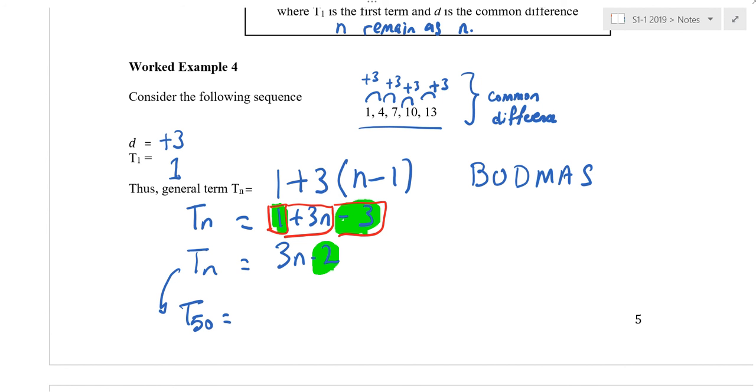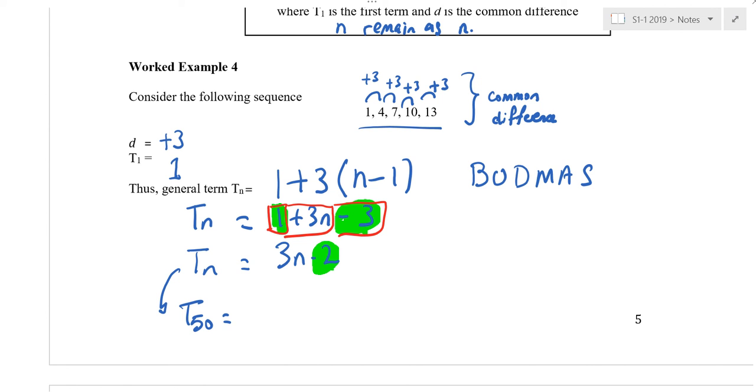Okay, who can tell me what to write next? 50 times 3 then? No. You already got Tn equals to 3n minus 2.